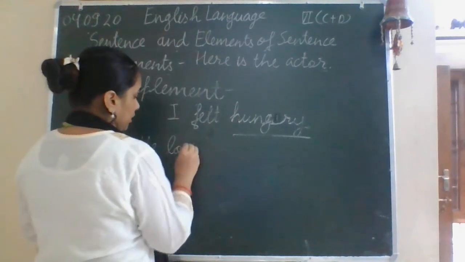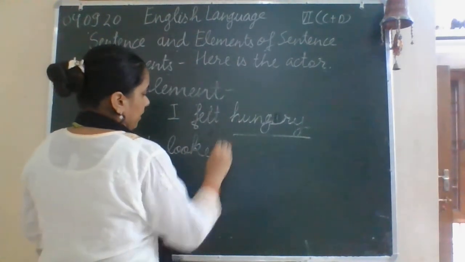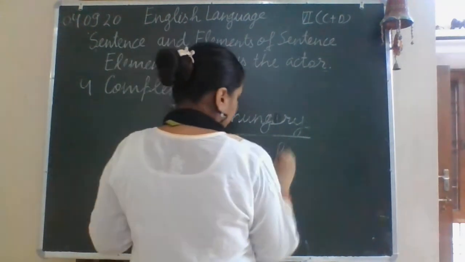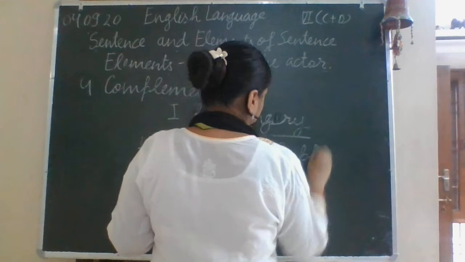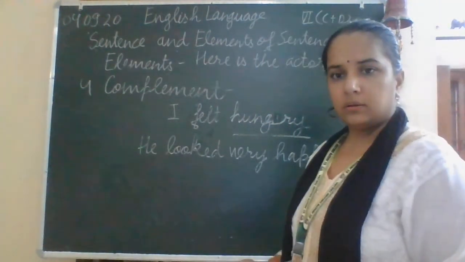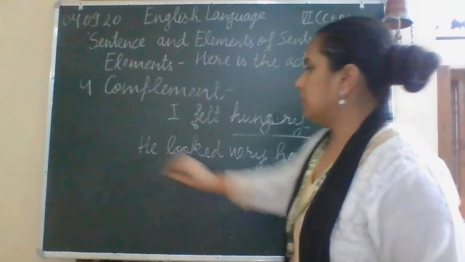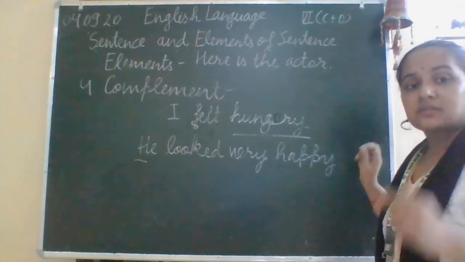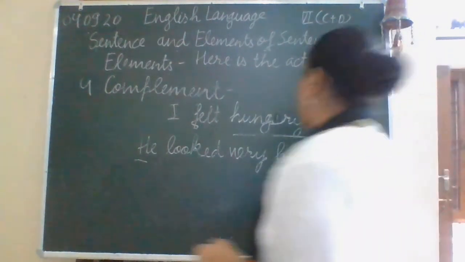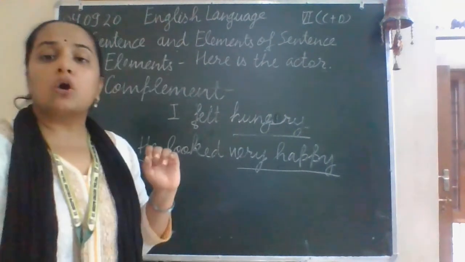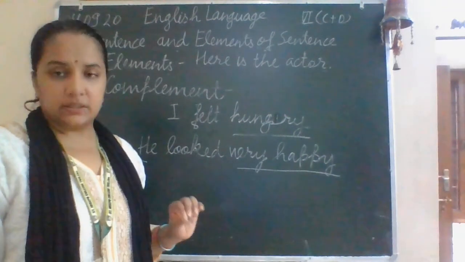He looked very happy. Here, he is the subject, and looked very happy is the rest of the sentence, the predicate. This very happy is the complement of the sentence.